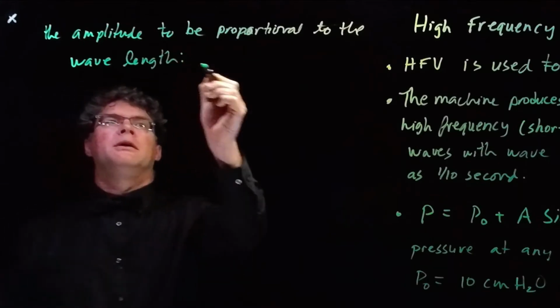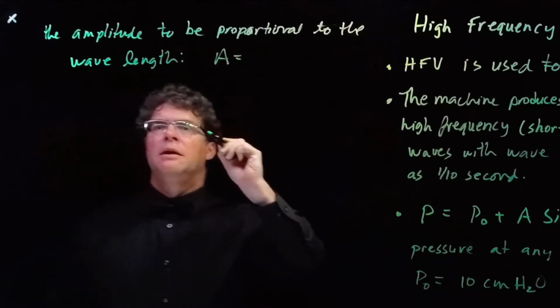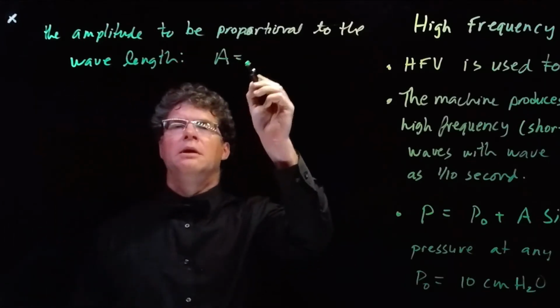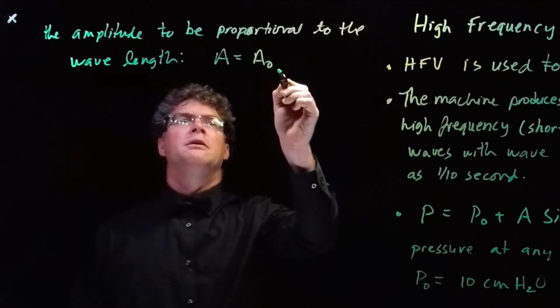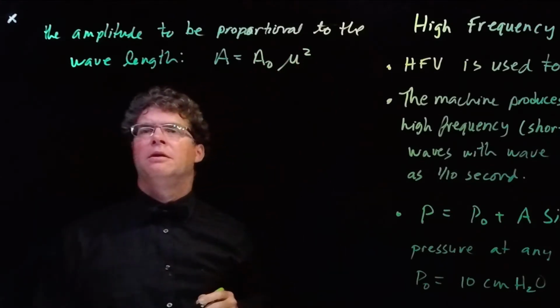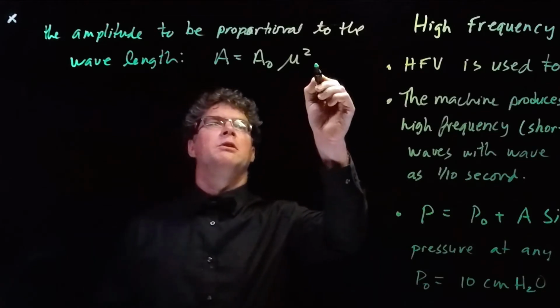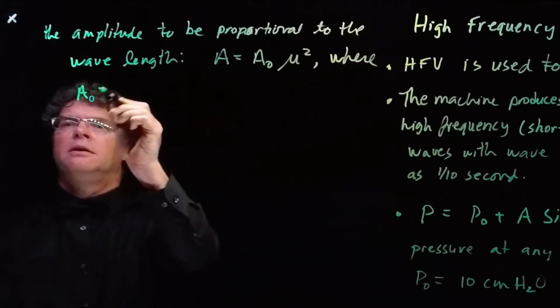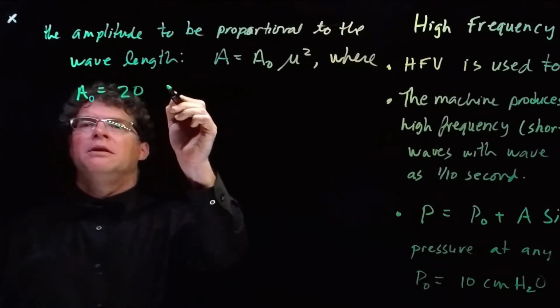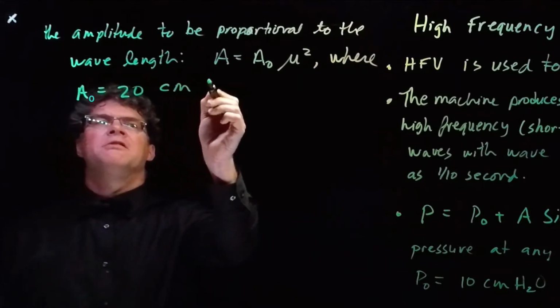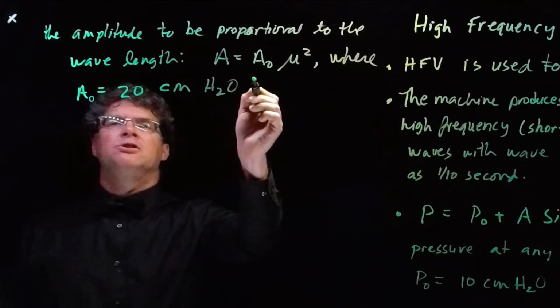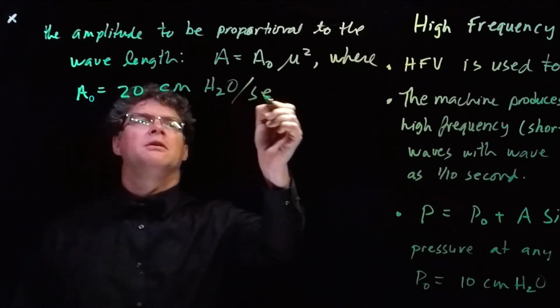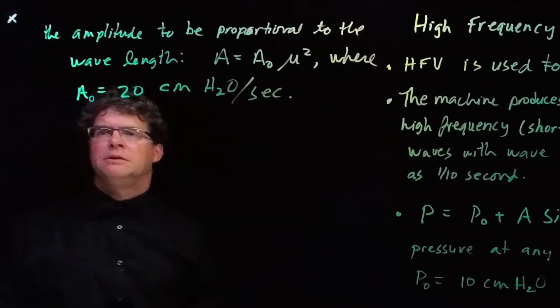So we write A is equal to A naught times mu squared. And we choose A naught to be 20 centimeters of H2O per second as our parameter.